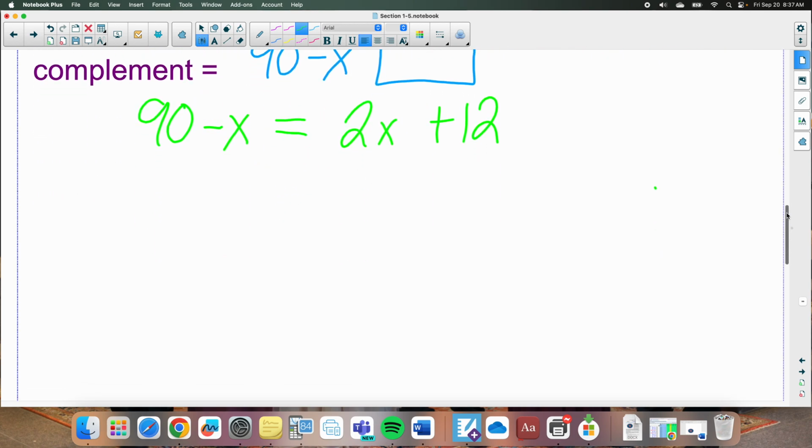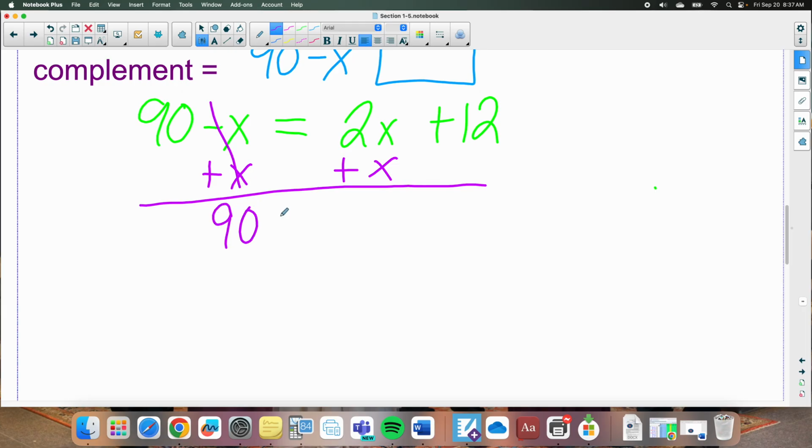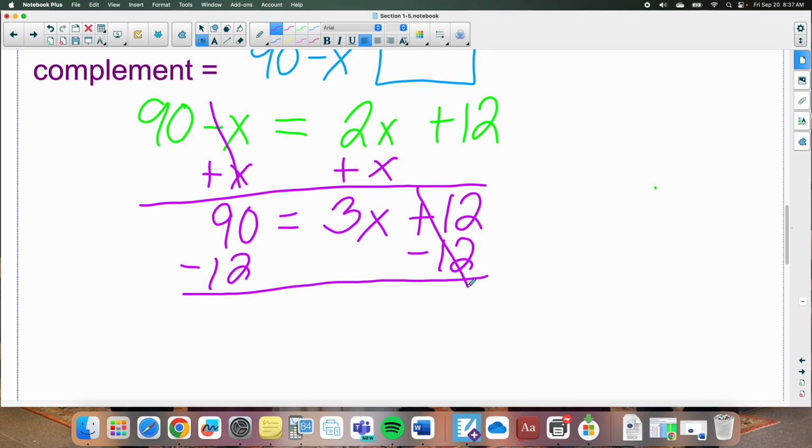So now what I'm gonna do is solve this again. So I am gonna bring my minus x over to the right, and I get 90 equals 2x plus x is 3x, and then I have plus 12. Now I'm gonna bring my 12 over to this side, and I get 3x equals 78, okay?